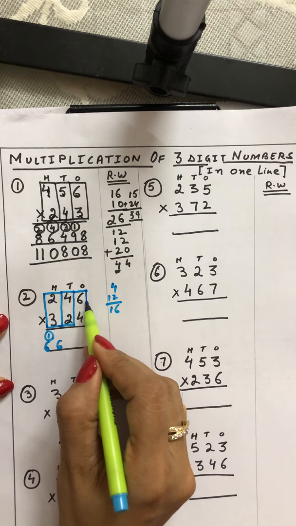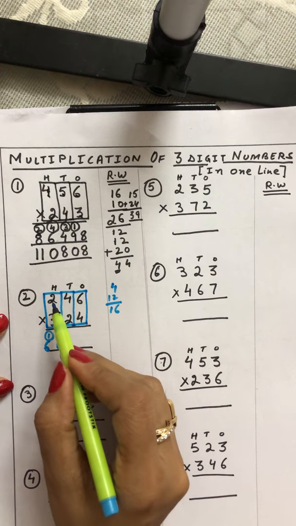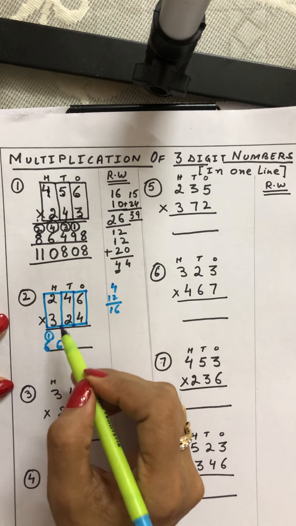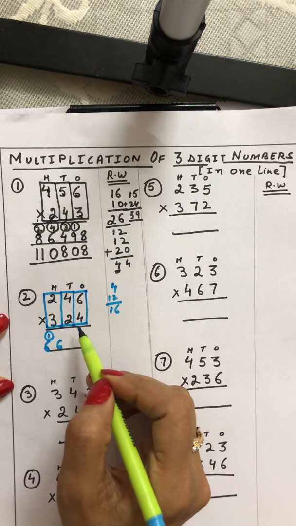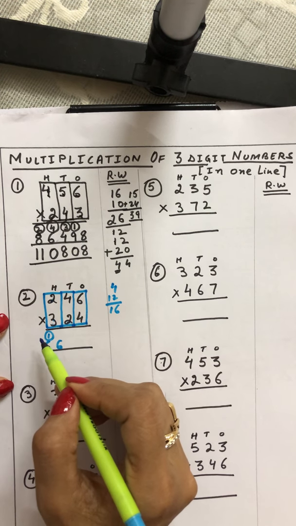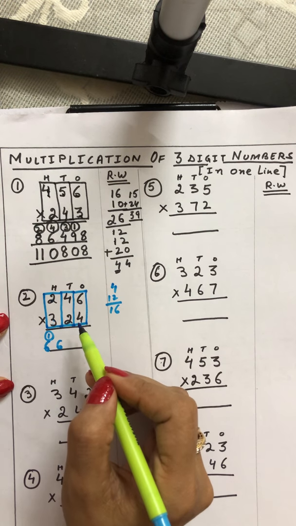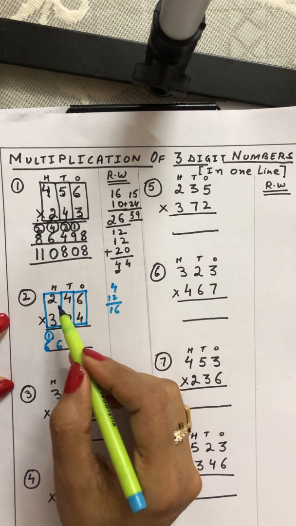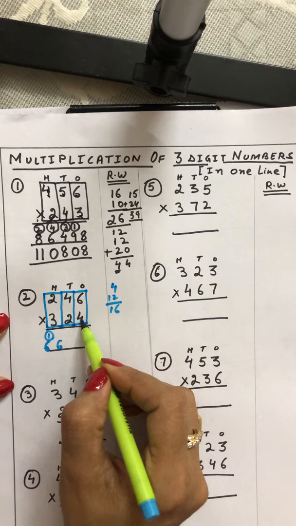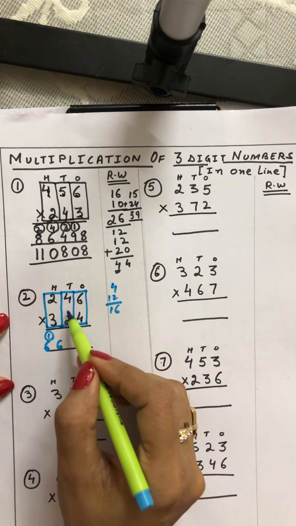Now further, I'll take the ones column also along with my hundreds column and tens column. Now I have 3 digits in the first row and 3 digits in the second row. How do I have to multiply? In this case, I have to multiply in cross as well as vertically.